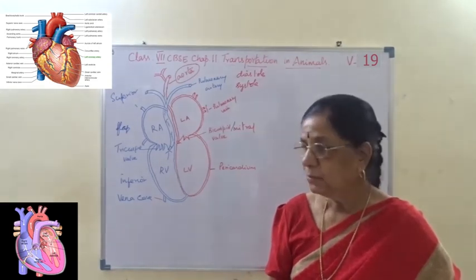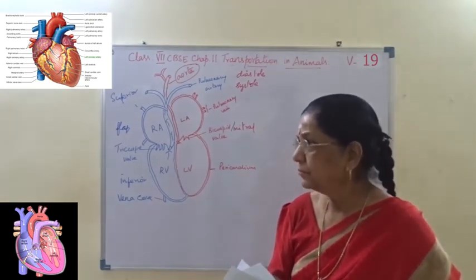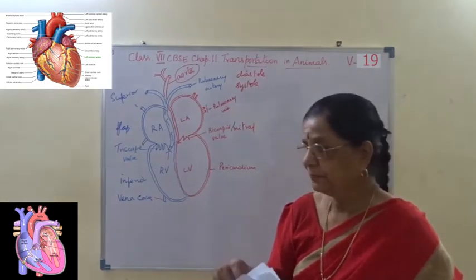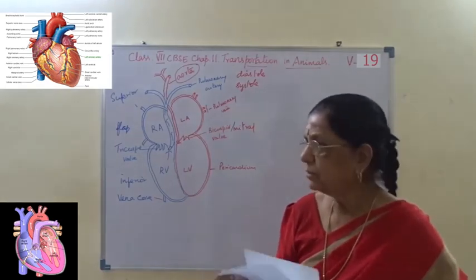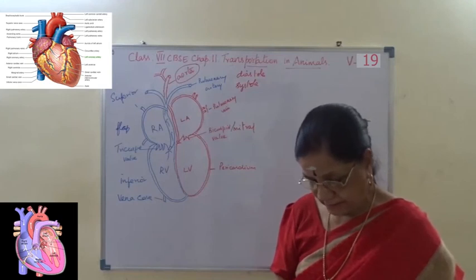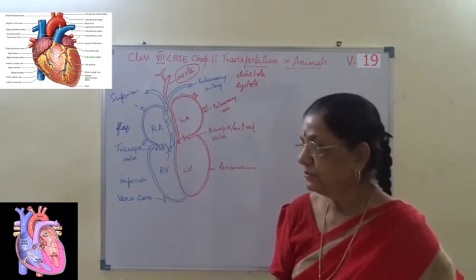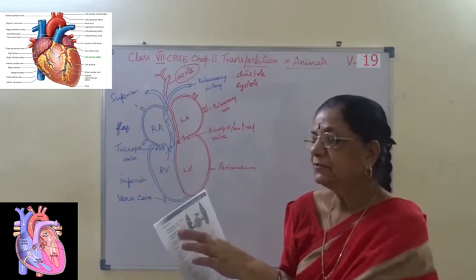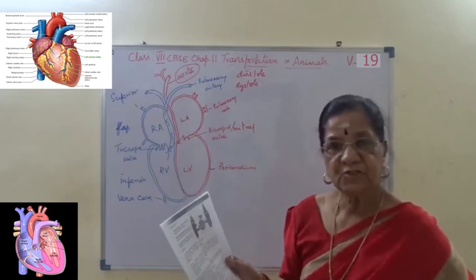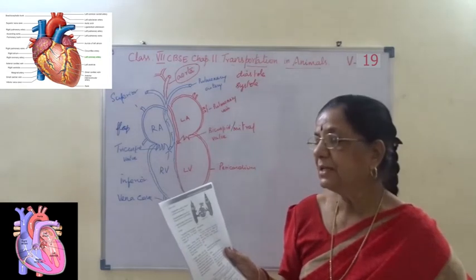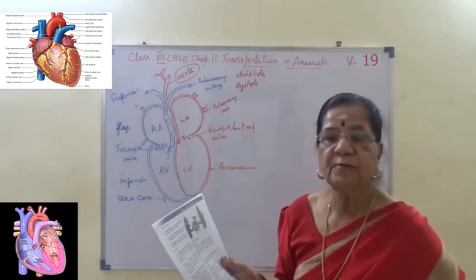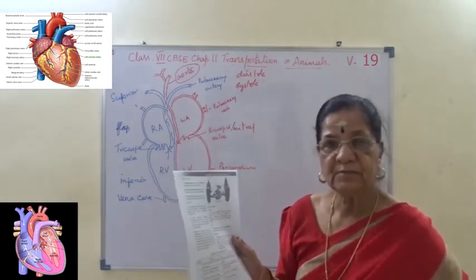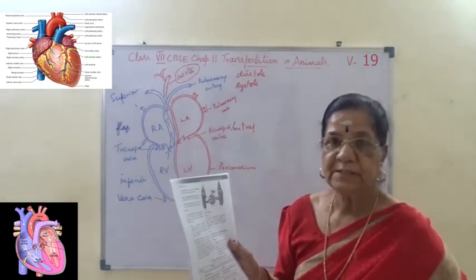And then one more, 5 minutes after. One more, valves of the heart, then the difference between arteries and veins. And then here valves: tricuspid valve, bicuspid valve, and semilunar valve. Bicuspid valve is also known as mitral valve.